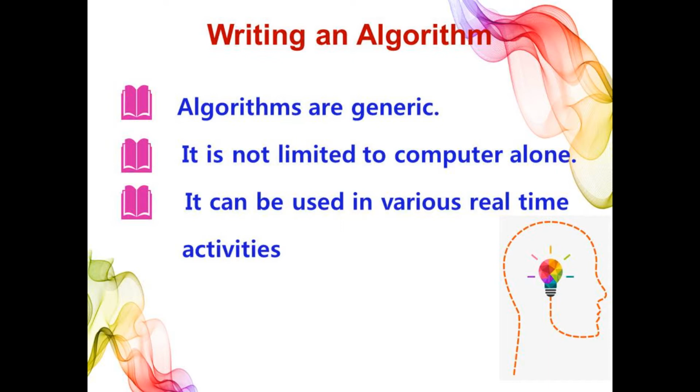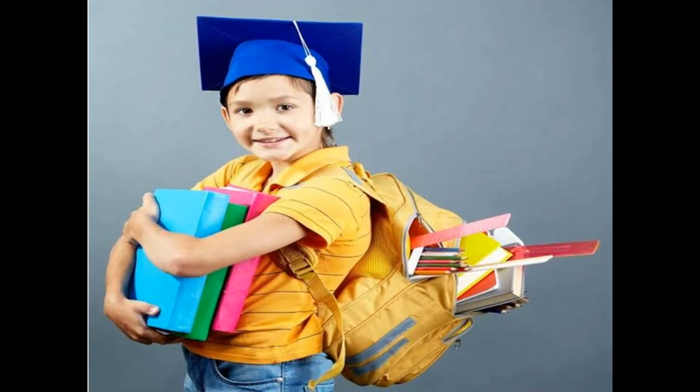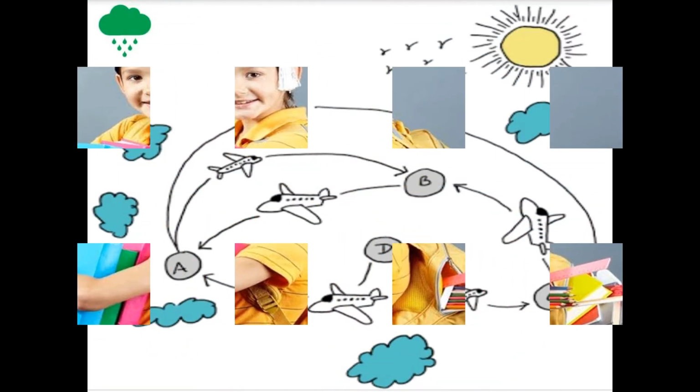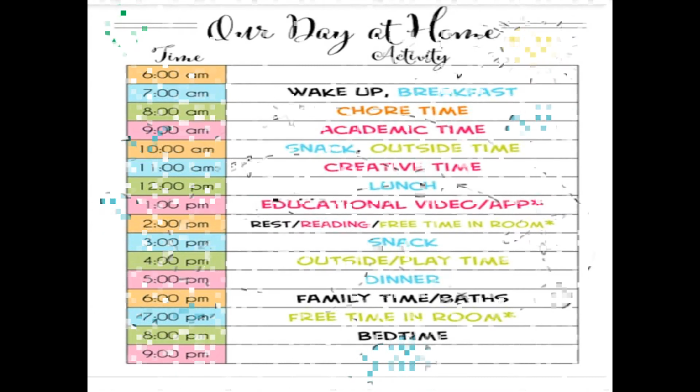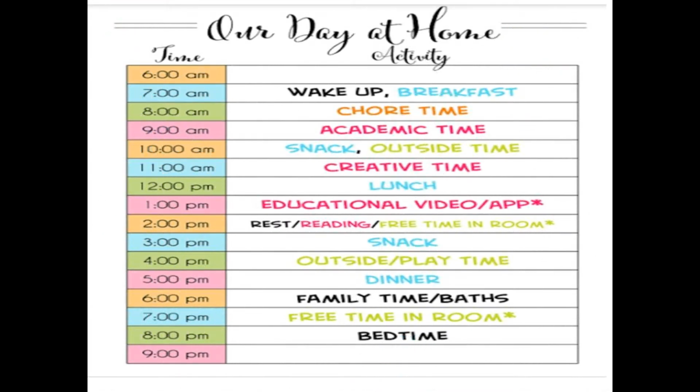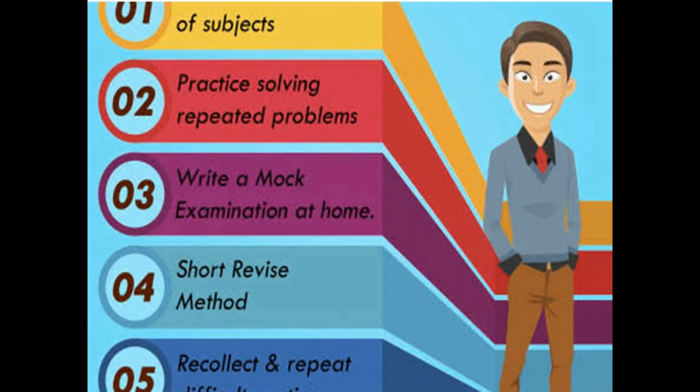We already perform many algorithms knowingly or unknowingly in our daily life, such as packing books in a school bag, finding the shortest path to search for a place, scheduling day-to-day activities, and preparation for examination.